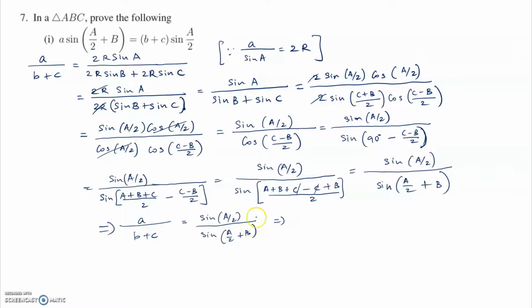Now further cross multiplying, this becomes a times sin (A/2 plus B) equals, taking the (b plus c) to the other side, (b plus c) into sin (A/2), which is LHS is equal to the RHS, hence the proof.